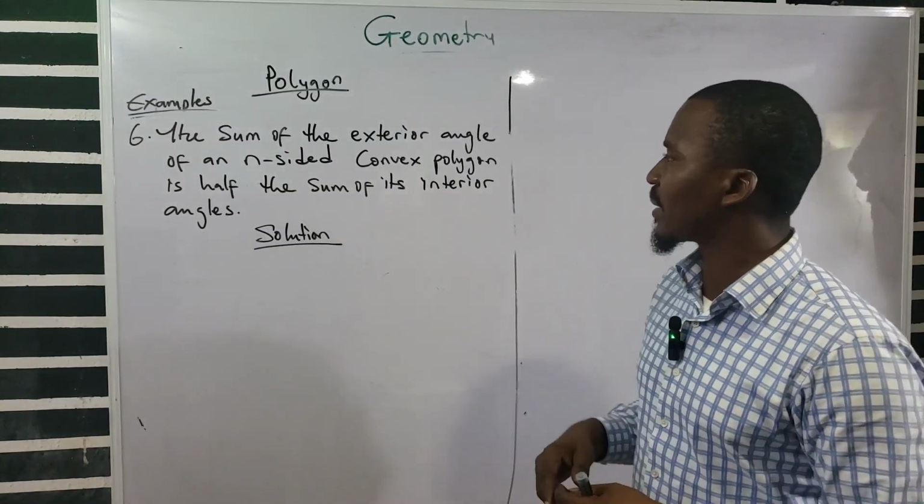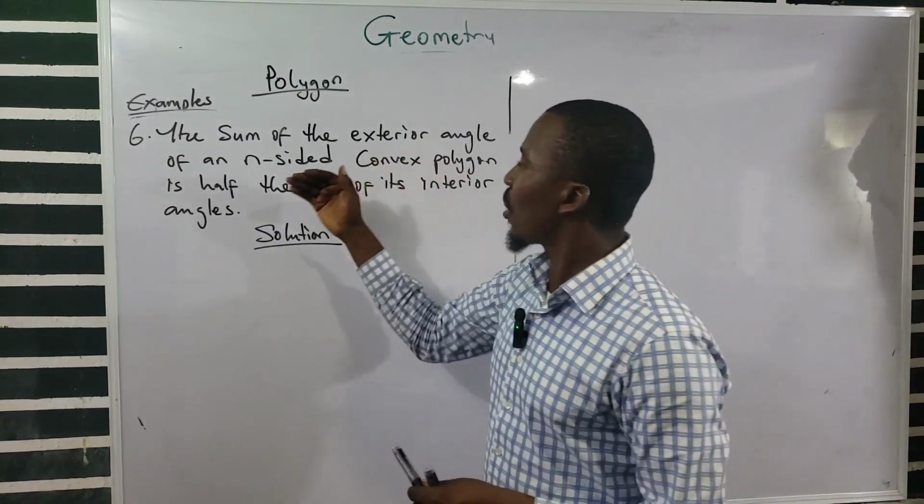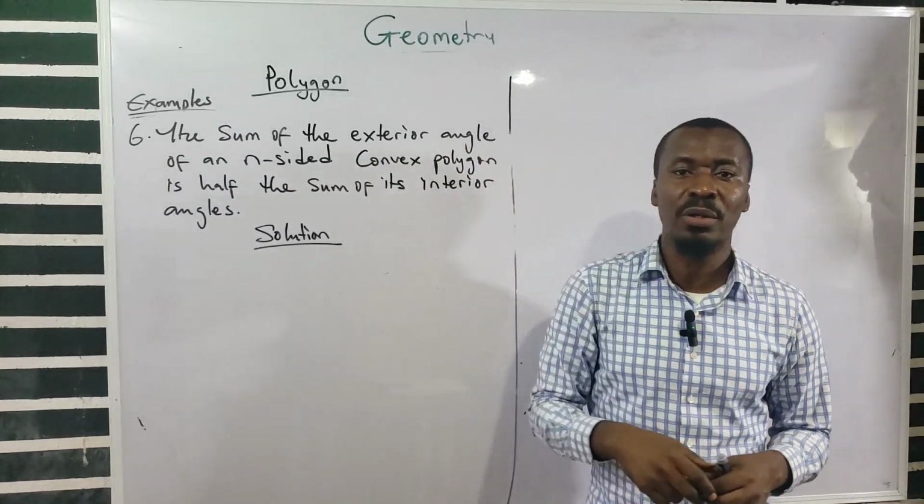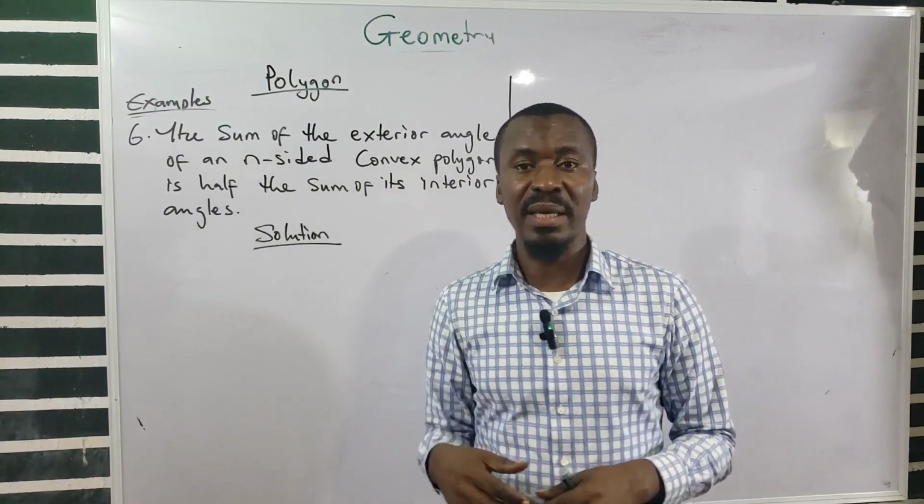Now let's come to interpret the statement. The sum of the exterior angles, we know that the exterior angles of a polygon must give you what? 360 degrees.